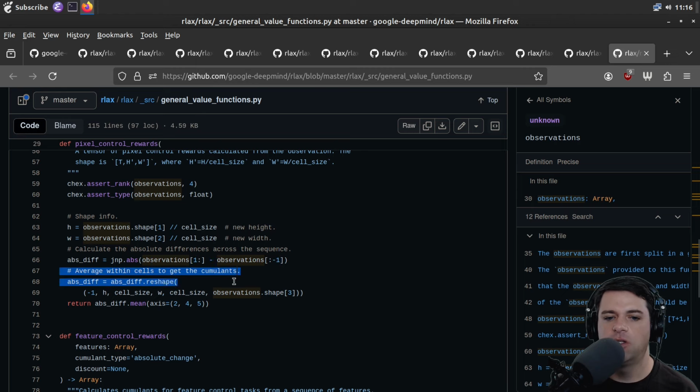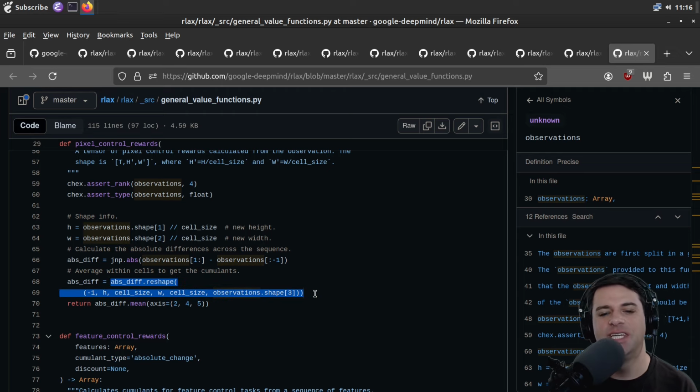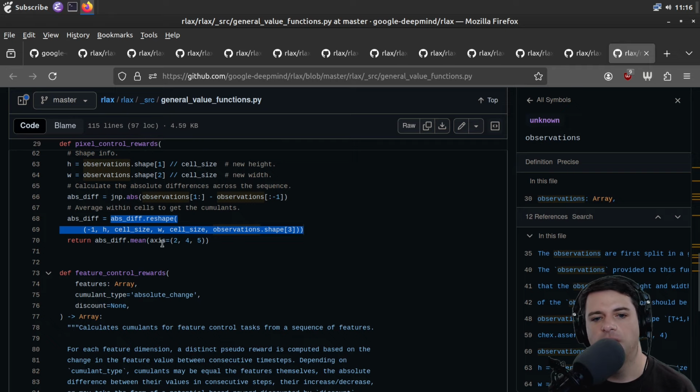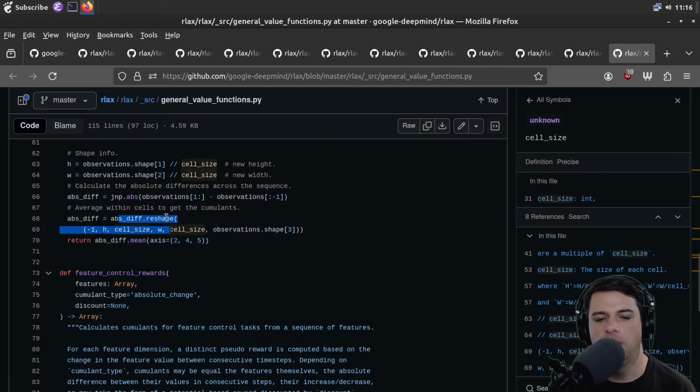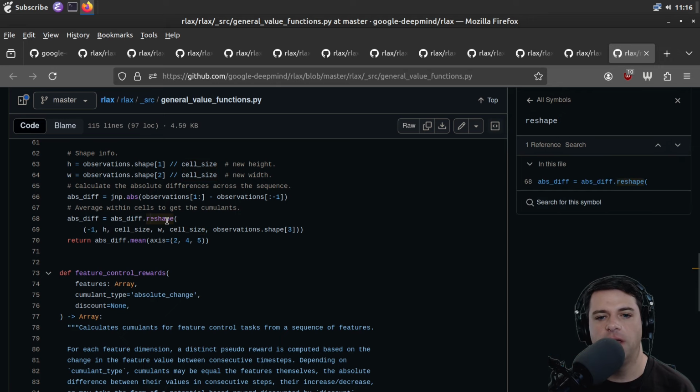Then you average within the cells to get the cumulants. And I assume that this is some function that does cell averages using reshape. I don't know NumPy well enough to be able to read this. I would have to know at least what the API of reshape is.